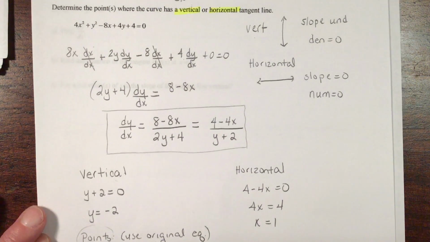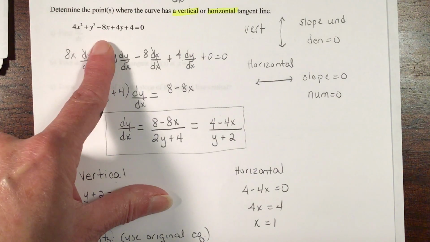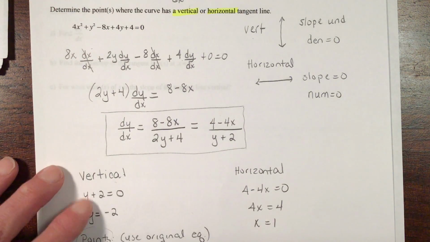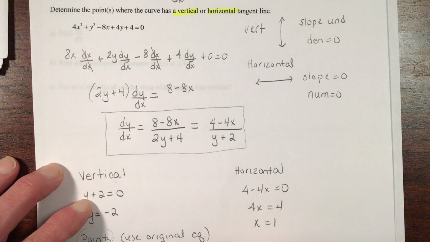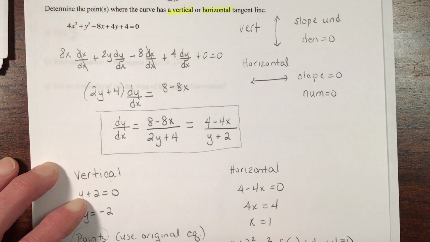Now to find the points, once again, we're going to go back up and plug into the original. We're going to replace x with 1 and solve for y. So I have 4 times 1 squared plus y squared minus 8 times 1 plus 4y plus 4. And this becomes 4 plus y squared.